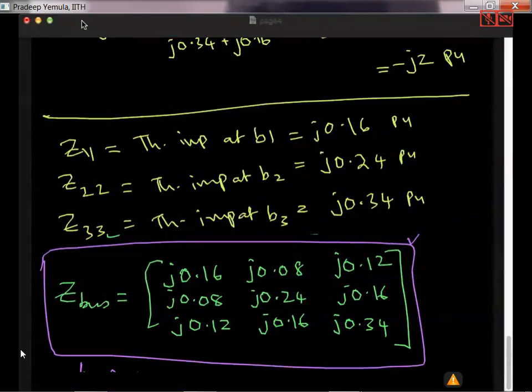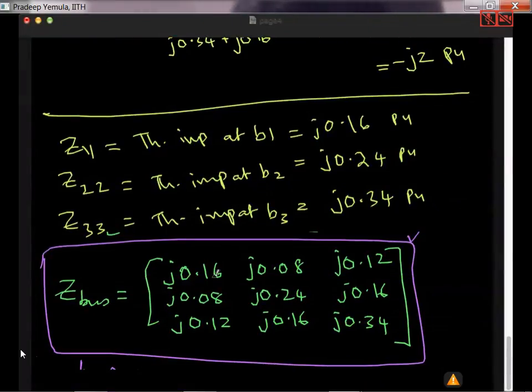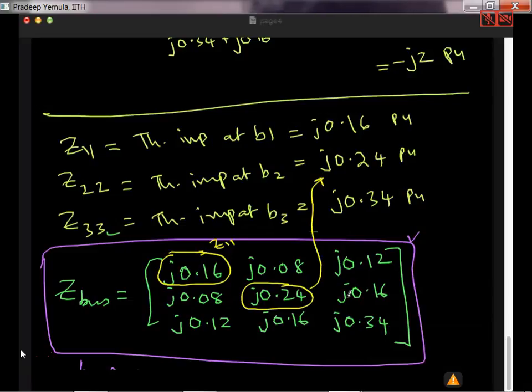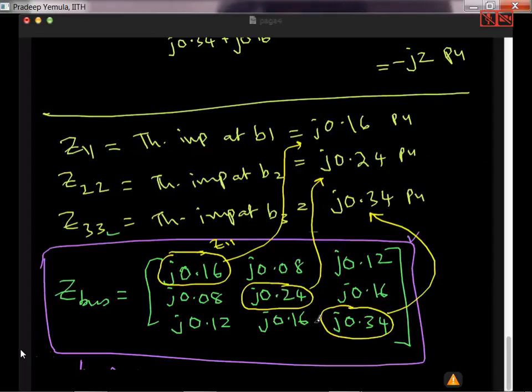What is the interesting thing you find? The Z bus diagonal elements, this is nothing but Z11, this is nothing but this, and this is nothing but this. So if you create the Z bus, then you don't have to calculate the Thevenin's impedance for every bus.